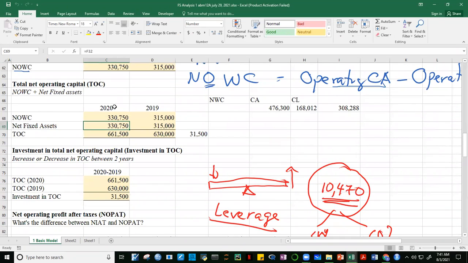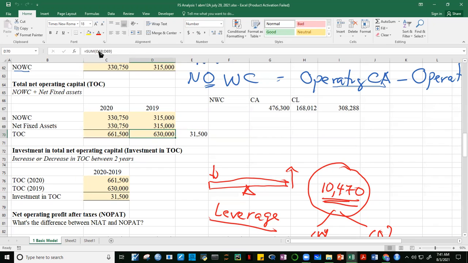So TOC for 2020 was 661,500, while at the beginning of the year, which is the end of 2019, it was 630. So you see that there was an additional investment in operating capital of 31,500, which is the difference between the two. We added operating capital for the whole 2020, because we started with 630 at the beginning and ended up at 661,500 at the end of the year.